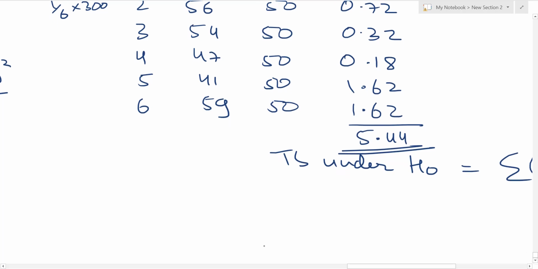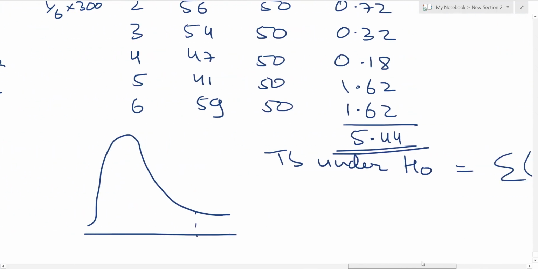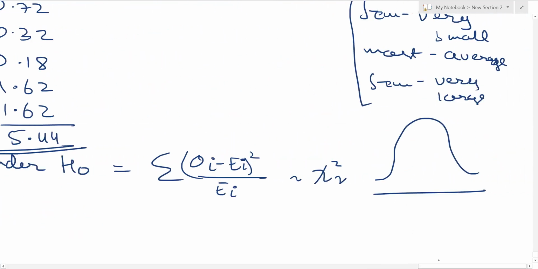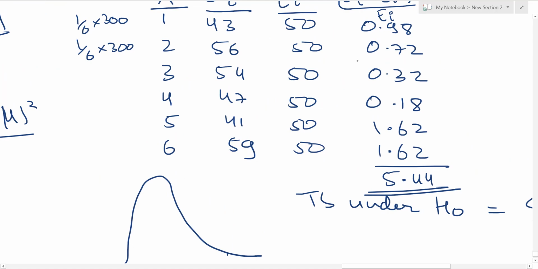So I'll check at 5% level of significance. I'll take the chi-square distribution and I'll check where does this value lie. So how do I do that? For that, I need the degrees of freedom. Degrees of freedom in this case becomes n minus 1. So if you have got n groups, you have got 6 groups here. Degrees of freedom becomes n minus 1, which is 5. n is equal to 6.